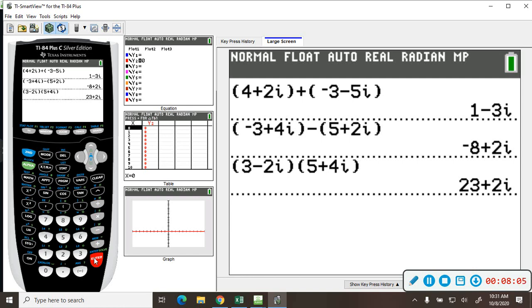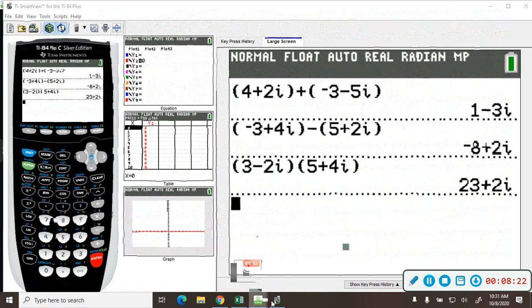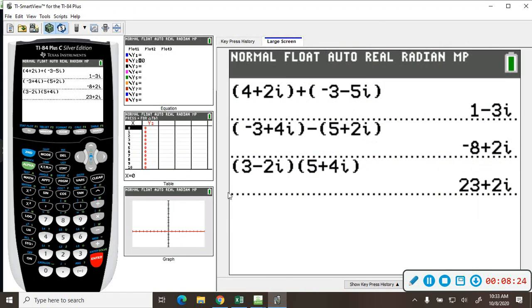On the ACT, don't do these by hand. If you have this calculator, just type them in. So I'm not sure if that was recording, but if you type this in, you get 23 plus 2i when you do the multiplication.